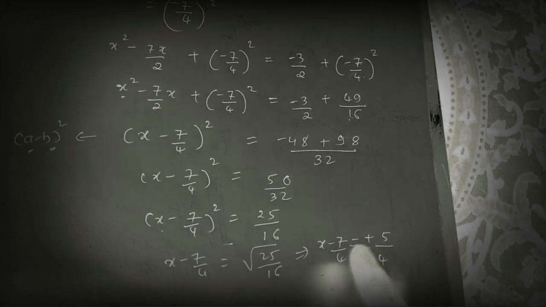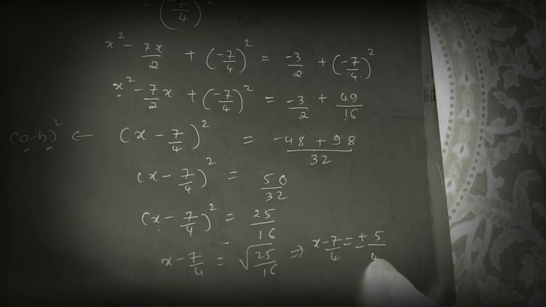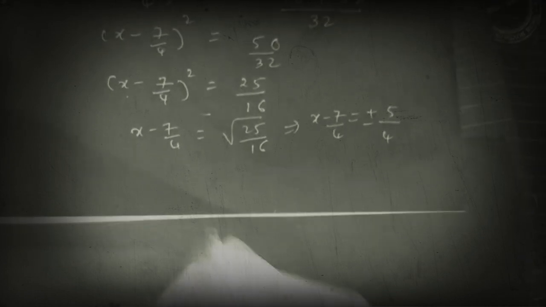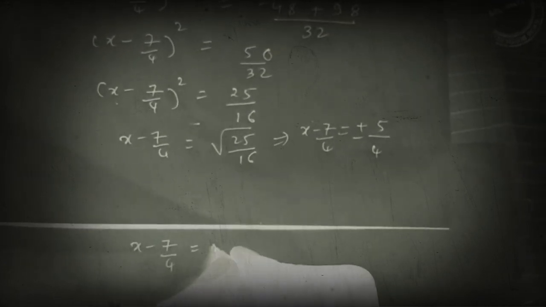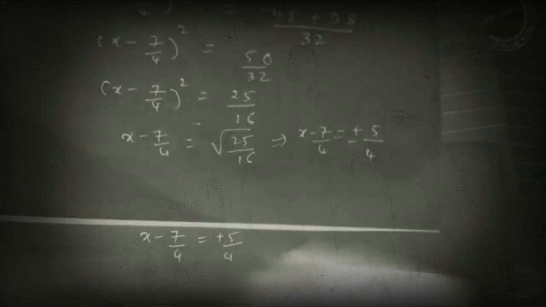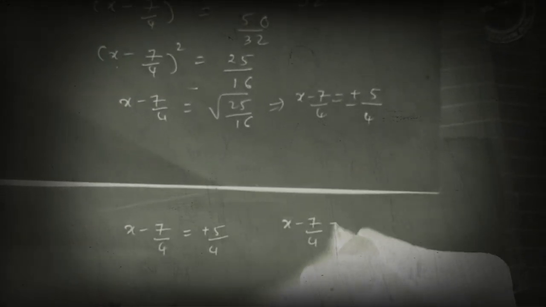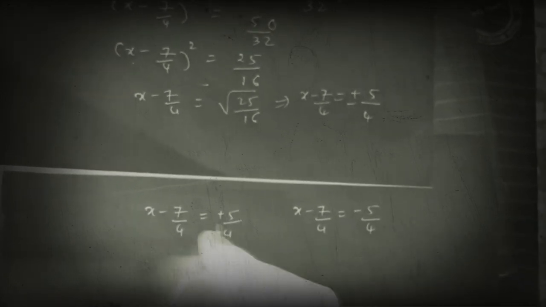So we equate x minus 7 by 4 once to plus 5 by 4 and once to minus 5 by 4. Then you can solve this simple equation for x.